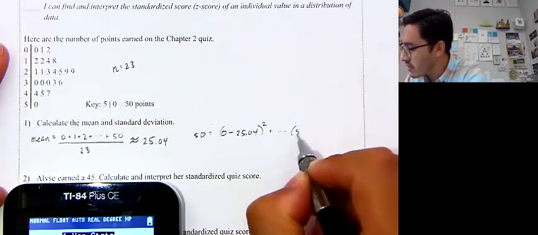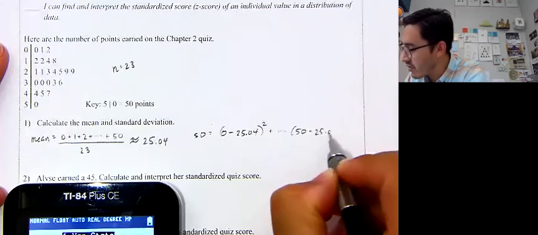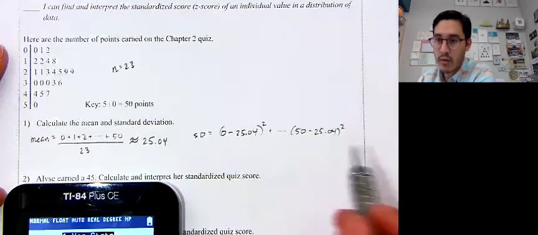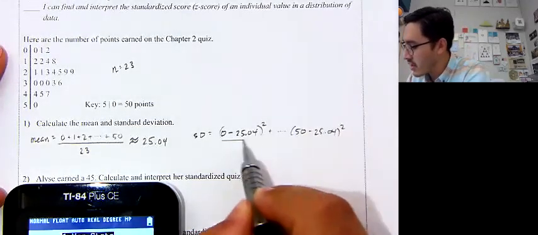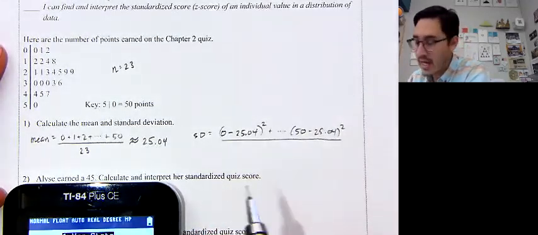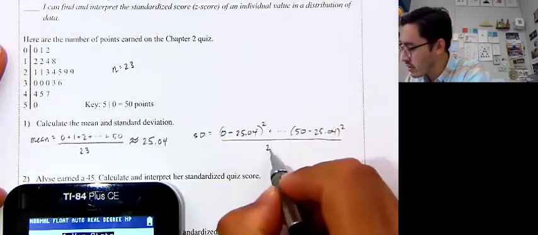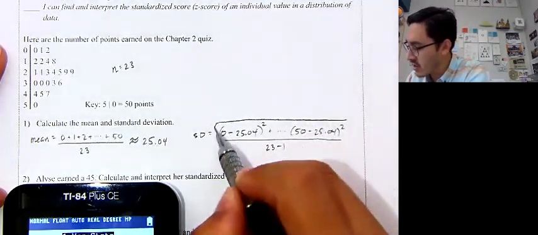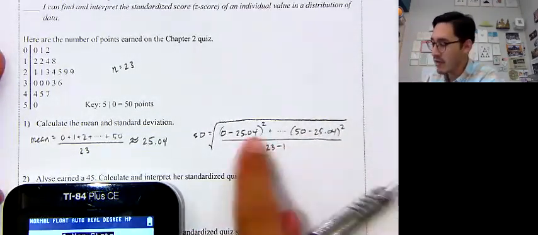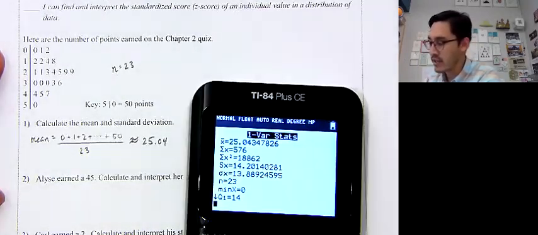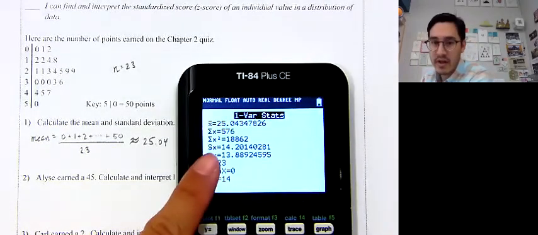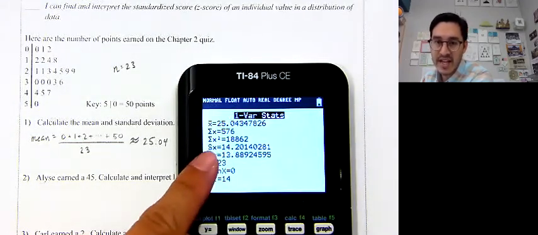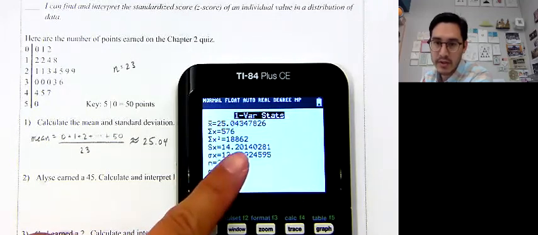So 50 minus 25.04 squared, and so on. We add up all these squared deviations, then divide by n minus 1, so 23 minus 1, and then take the square root. Obviously I'm not going to perform that calculation, but under the 1-Var Stats report, the standard deviation is called Sx. So it's 14.20.